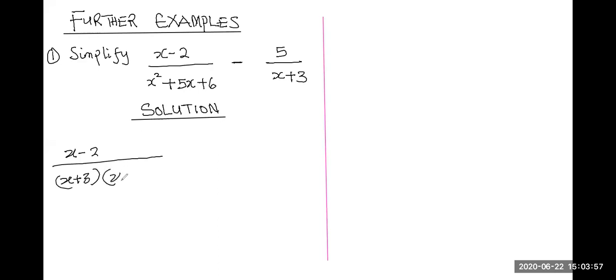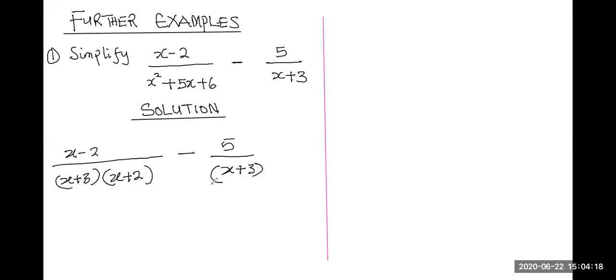This is our next step, and you now see that our right-hand fraction contains a linear factor of our left-hand fraction.